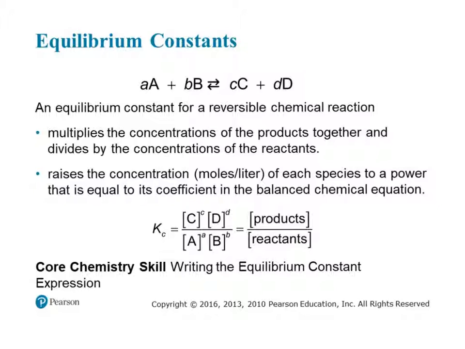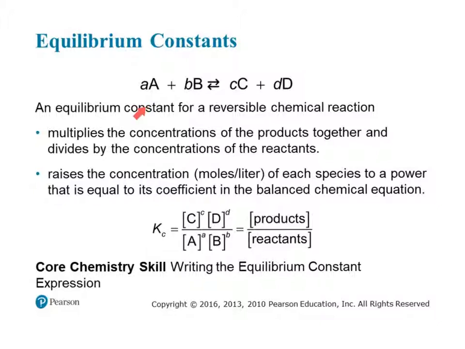The equilibrium constant for a reversible reaction multiplies the concentrations of the products together and divides by the concentrations of the reactants. It raises the concentration, in the molarity, of each species to a power that is equal to the coefficient of the balanced chemical equation.